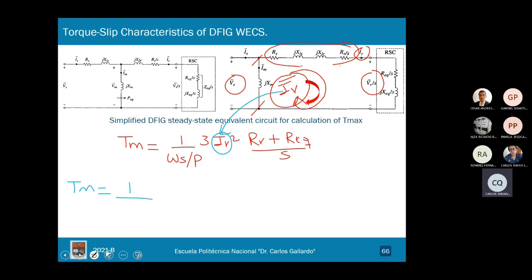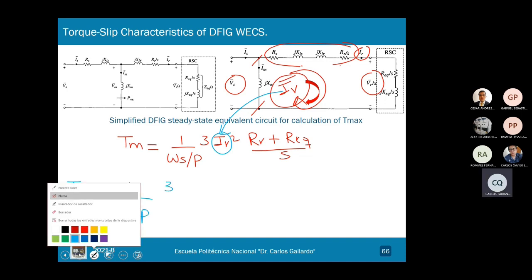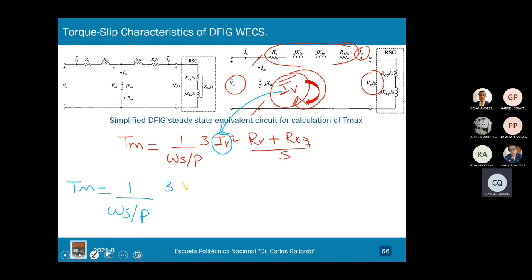So I will have 1 over the stator speed over the number of poles. I will have 3 times, substituting the rotor current, the stator voltage square. This is the stator resistance, plus this resistance and plus this resistance.